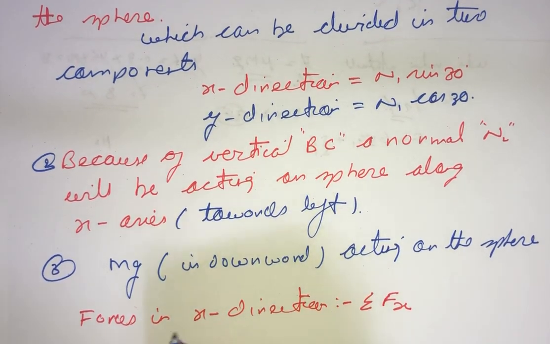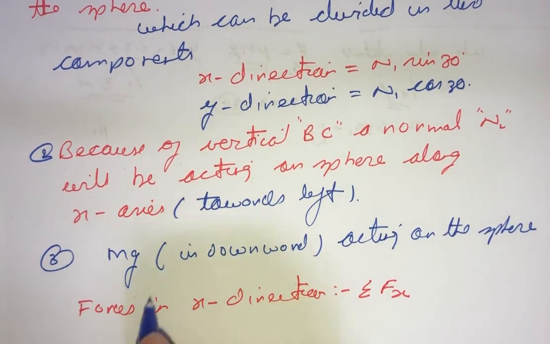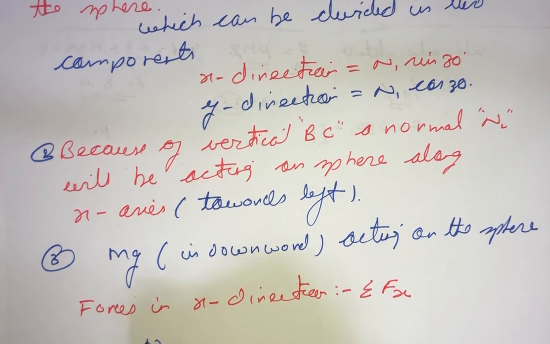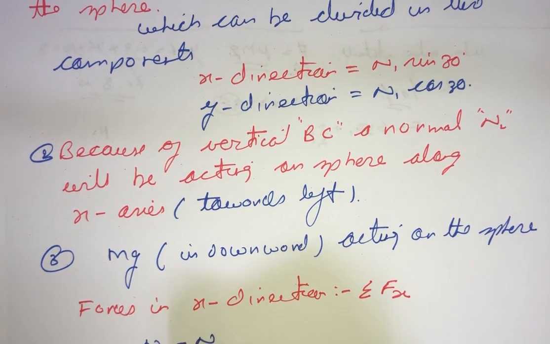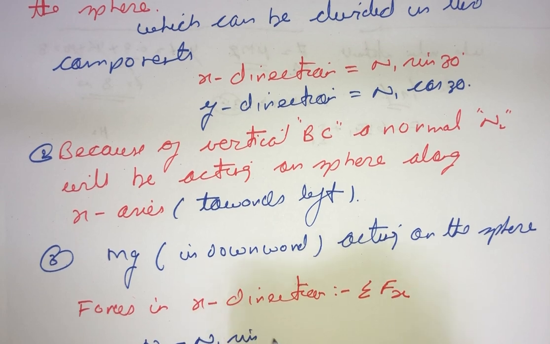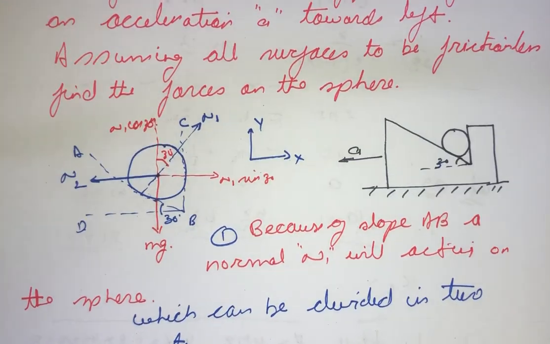You can say N2 minus N1 sin 30 is going to give us ma, where m is the mass.